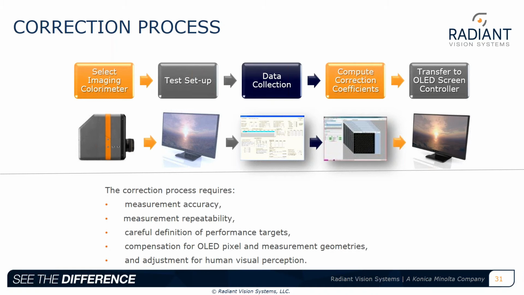This correction process requires high measurement accuracy, repeatability, and a careful definition of what performance you're trying to get out of the display, and compensation for the pixel and measurement geometries, as well as adjustment for human visual inspection.